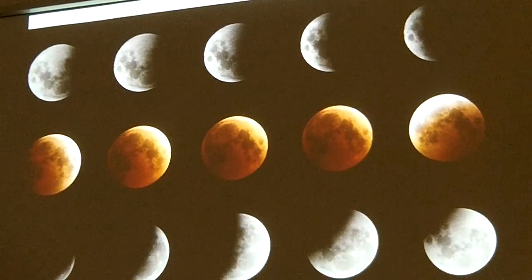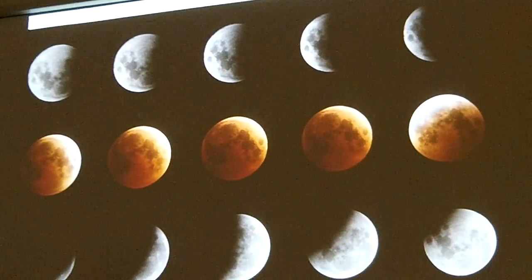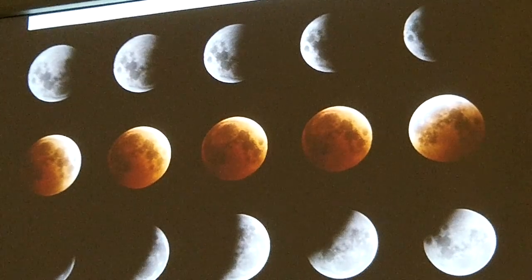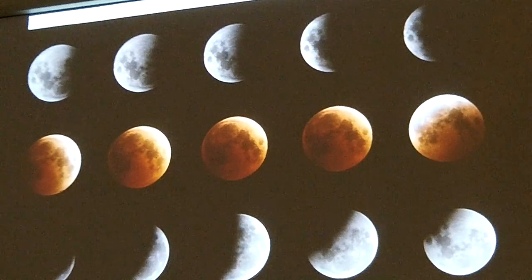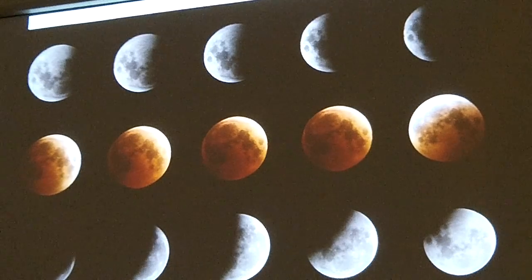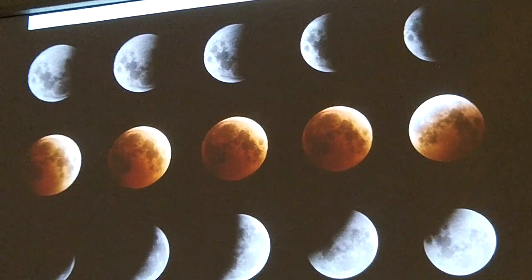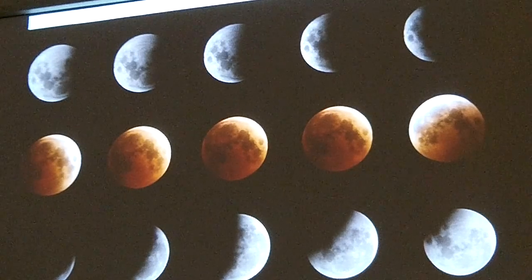If you take a close look at this shadow, you can tell that it's a round shadow. And that was noticed by ancients a long time ago. Most of them didn't know what was happening; some god is covering up the moon because he's upset about something.